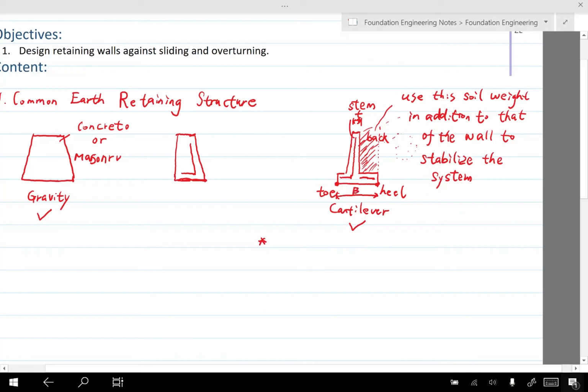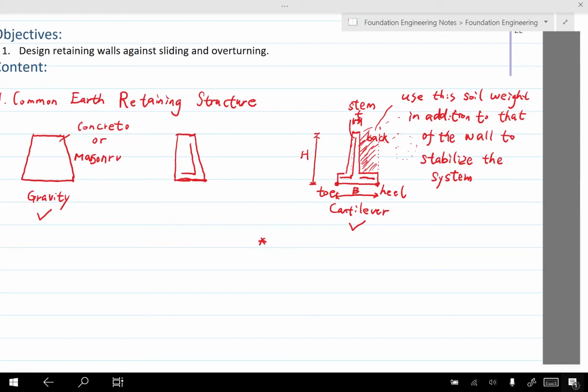Actually, it's the base, the toe, and also height, as well as other things such as the inclination angle of the wall. And these things all belong to proportioning.